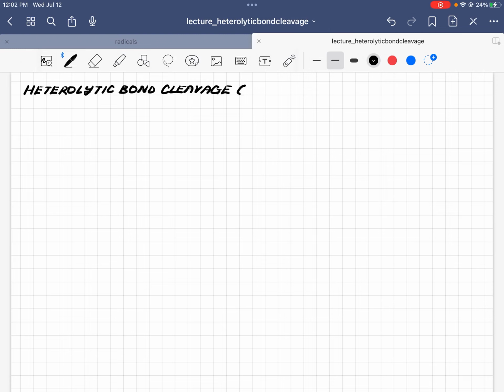Heterolytic bond cleavage is also sometimes called heterolysis. So I'll put that here in parentheses.